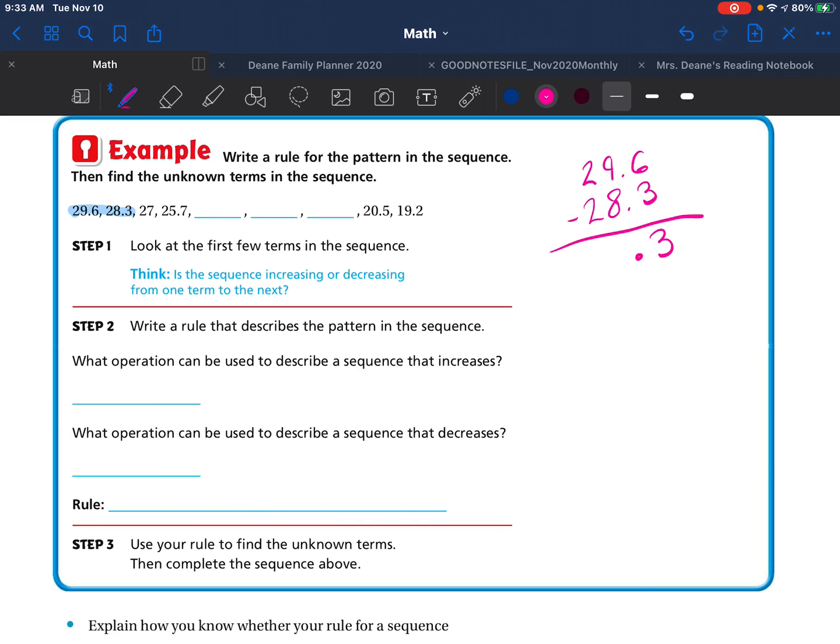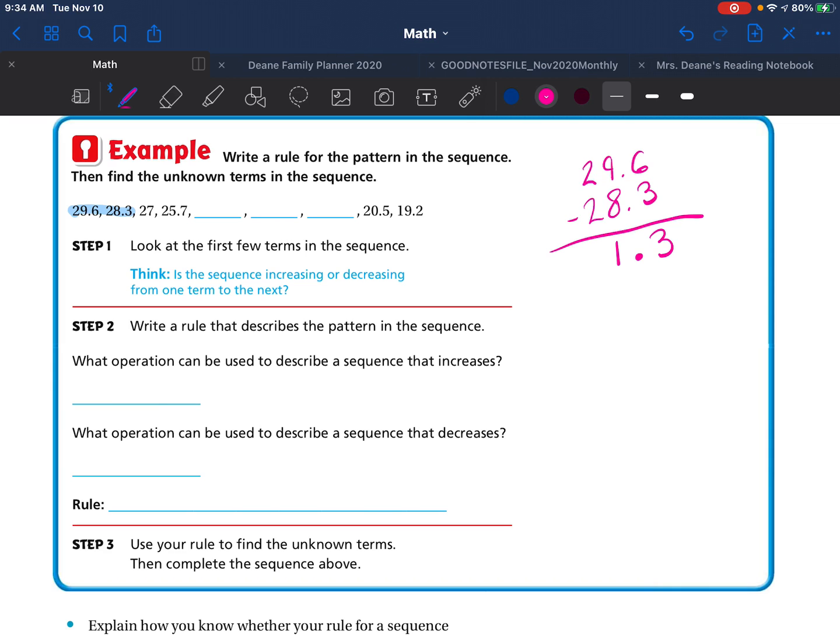And subtract. 6 minus 3 is 3. 9 minus 8 is 1. And 2 minus 2 is 0. So it appears that it is not going up, but it is actually going down by 1.3.